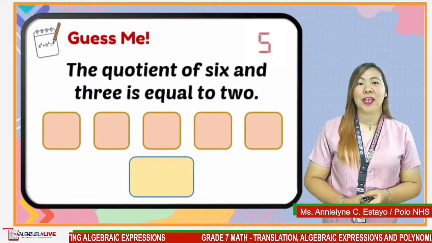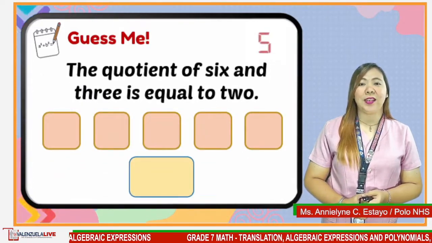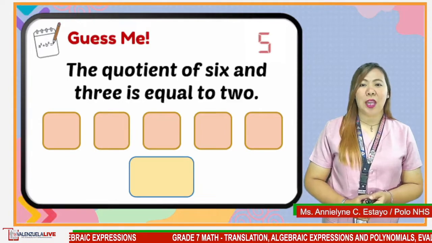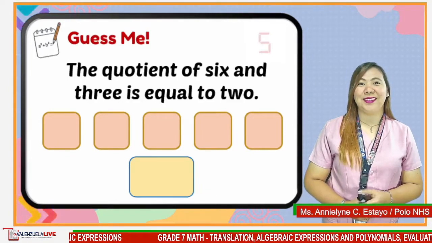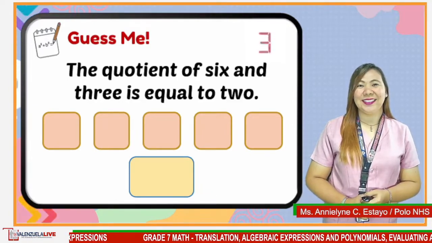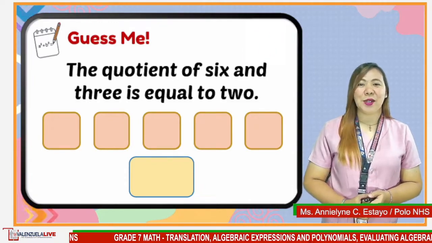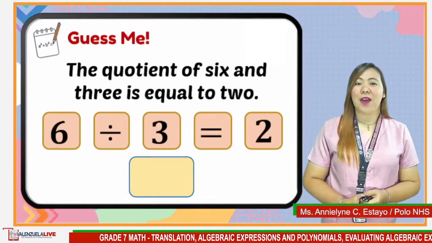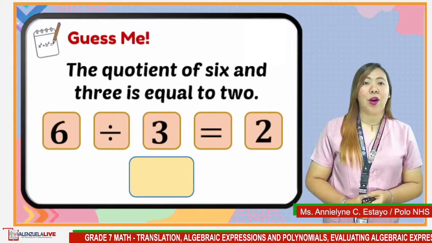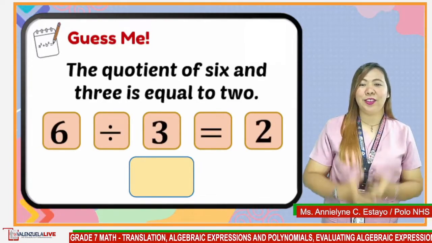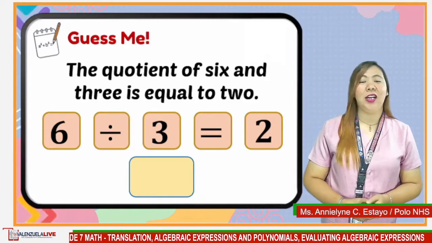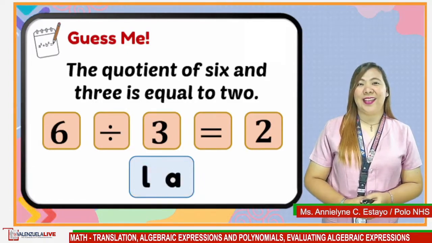The quotient of 6 and 3 is equal to 2. Timer starts now. The answer is 6 divided by 3 equals 2. Very good. The letters are L and A.